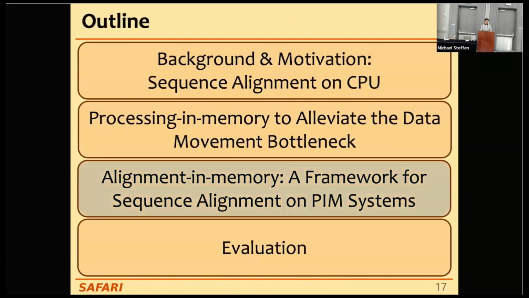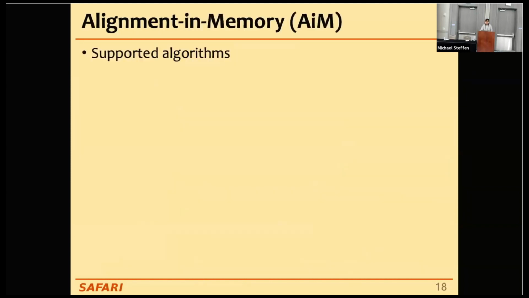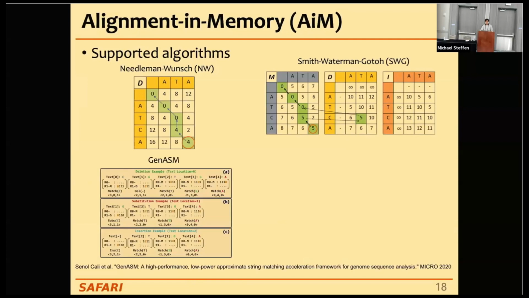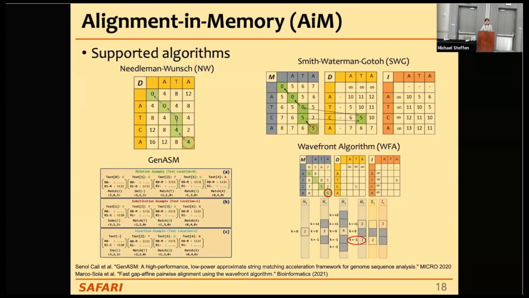Okay, so let's talk about alignment-in-memory, this framework for sequence alignment on PIM systems. Supported algorithms are the ones that I showed earlier: Needleman-Wunsch, Smith-Waterman-Gotoh, GenASM, and the wavefront algorithm. Actually, two versions: the basic wavefront algorithm and the WFA-Adaptive algorithm.